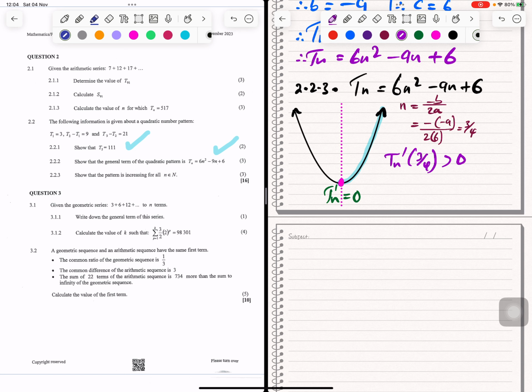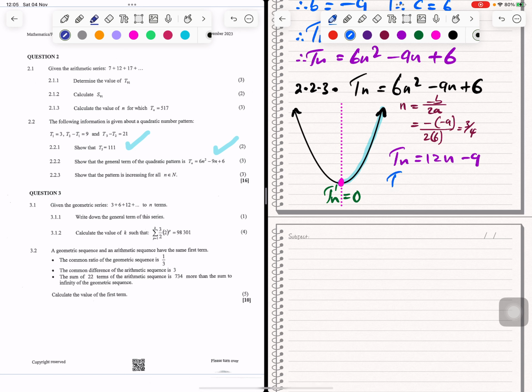So now think about it in this way: the derivative itself, you have it as what? It should be 12n minus 9. That is the derivative.